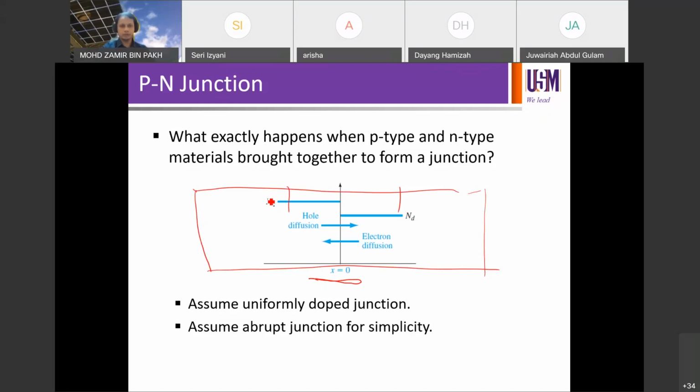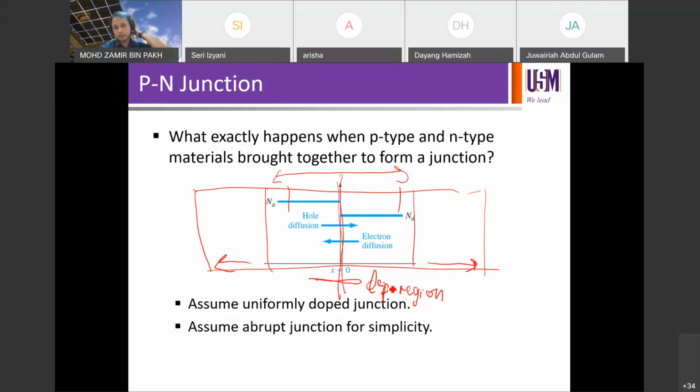You can imagine this region near the center as the metallurgical junction, and this is the region away from the center, right? Due to the diffusion of majority carriers, electrons and holes, the central region is going to be depleted of both carriers, and it's called depletion region, because the region is depleted of carriers of both polarities.